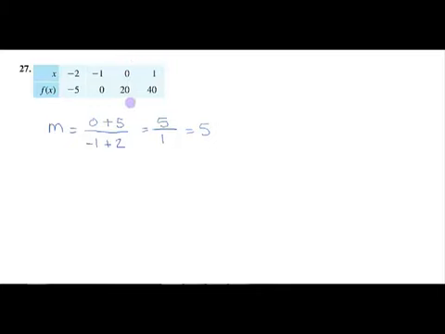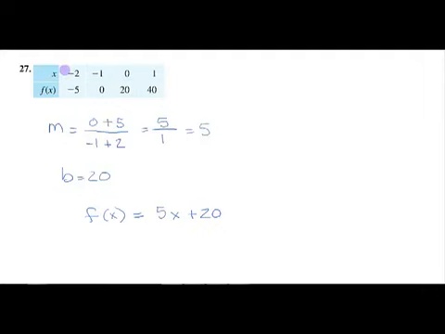Now b would be 20 because that's where our x is 0, so that means 20 is our y-intercept. So b is 20, and we have everything that we need to get our linear function in the form of f of x equals mx plus b. So f of x equals 5x plus 20.